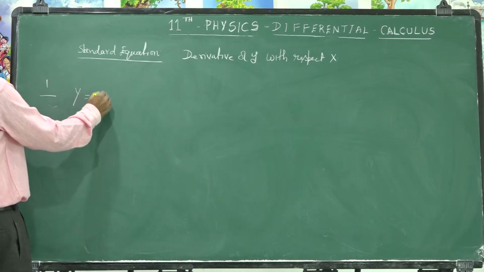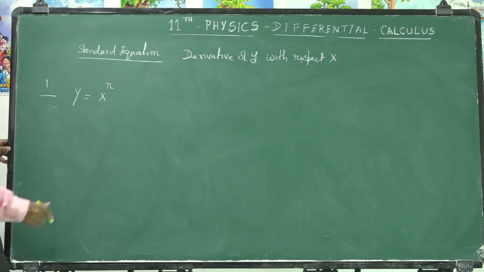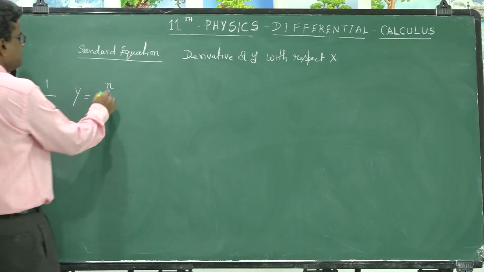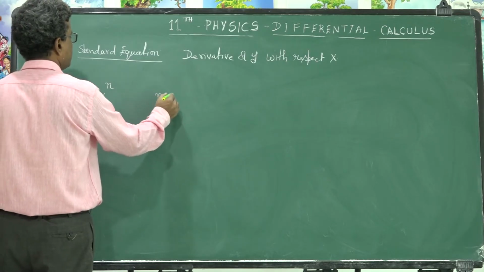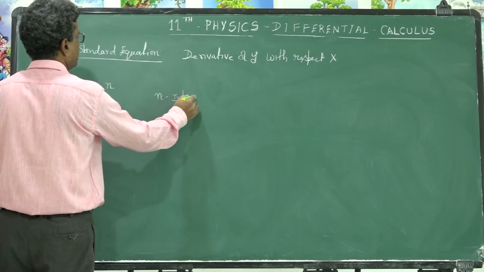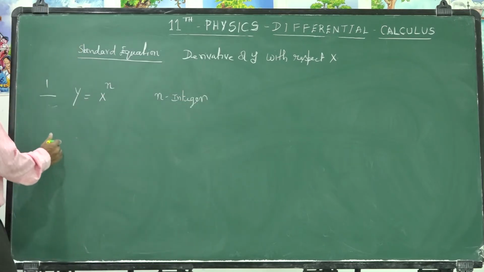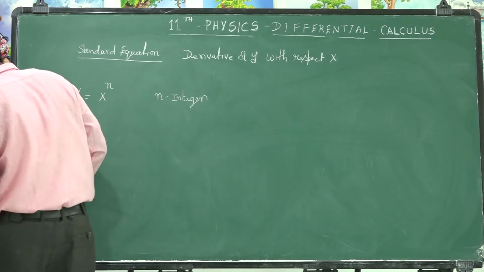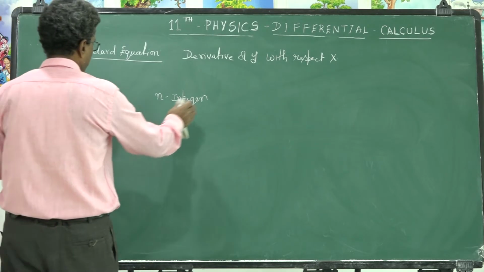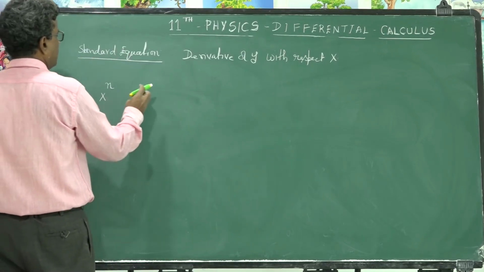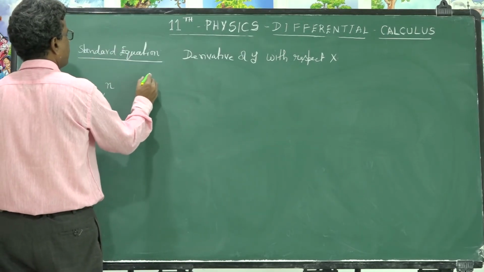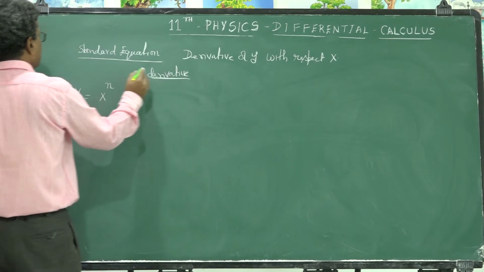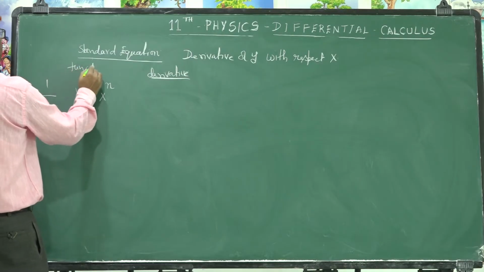The first one is, y is x to the power n, where y, x are physical quantities, n is a positive number, let it be an integer. So this dy by dx, I will write here, the derivative.